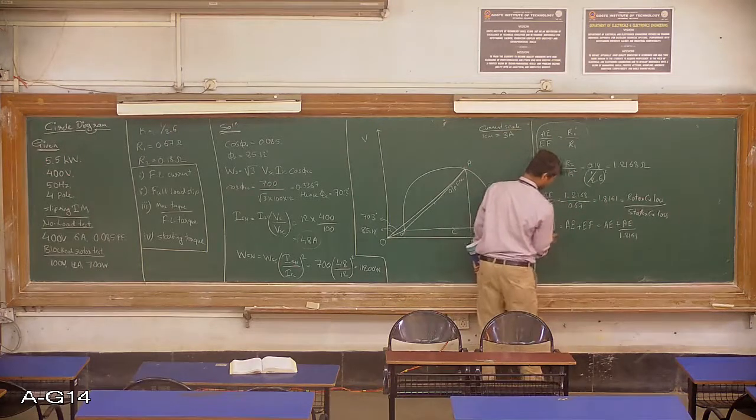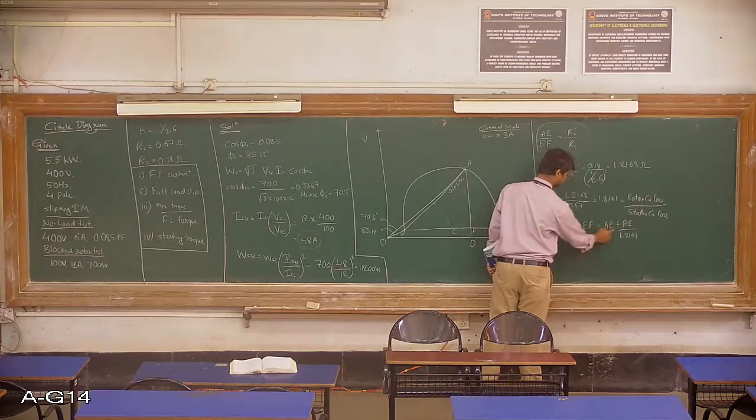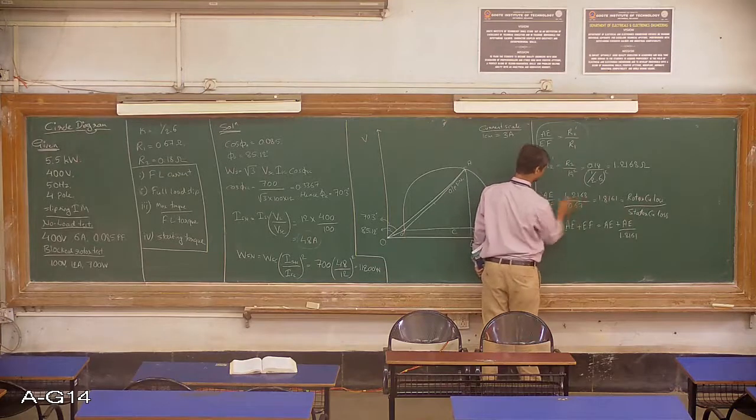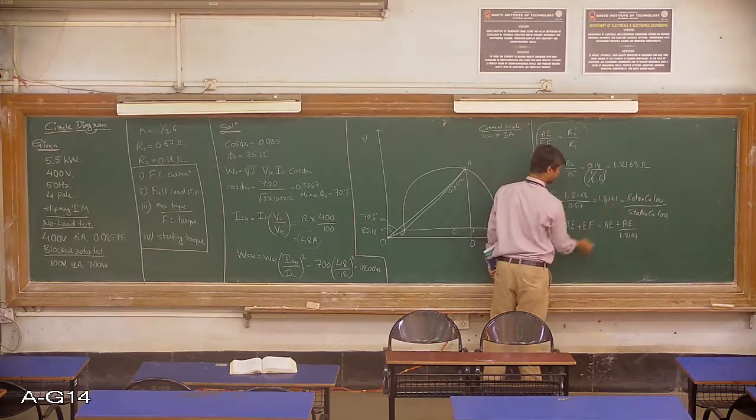Here we know that AF is equal to AE plus EF, once again keeping the same AE, EF. Now if I rewrite this equation, EF is equal to AE divided by 1.8161. Take this onto the right hand side, shift this to left hand side. So EF I can write as AE by 1.8161.